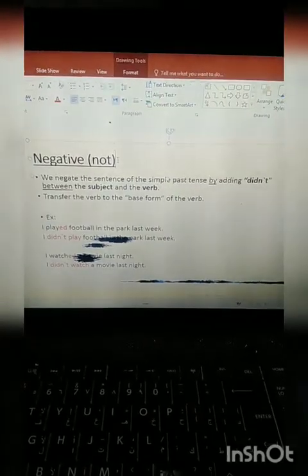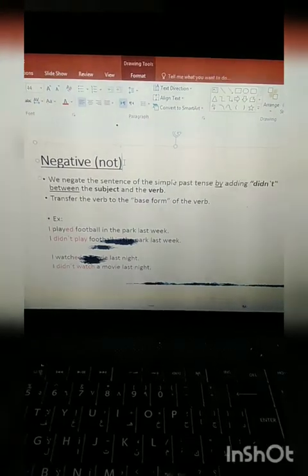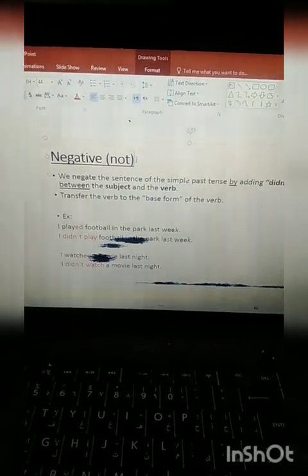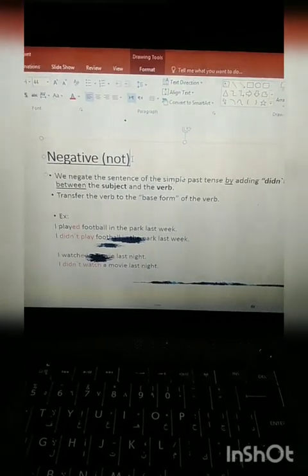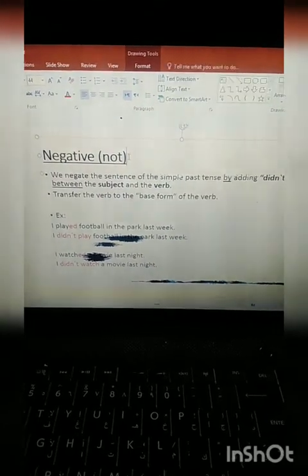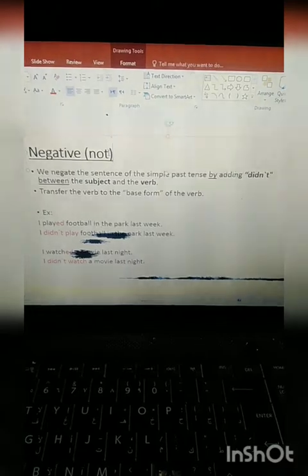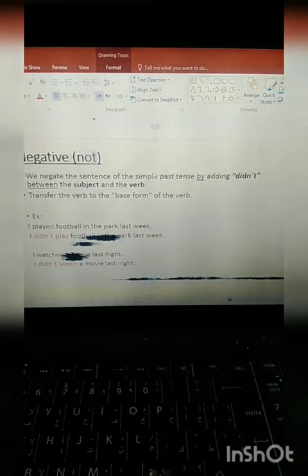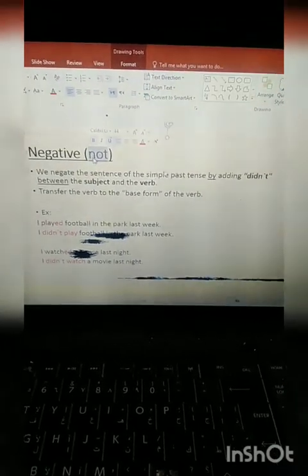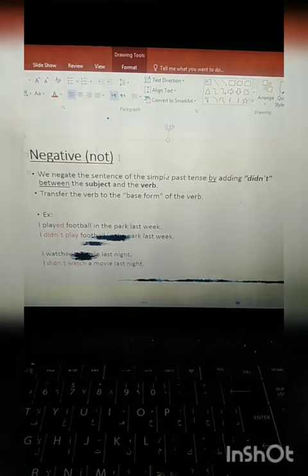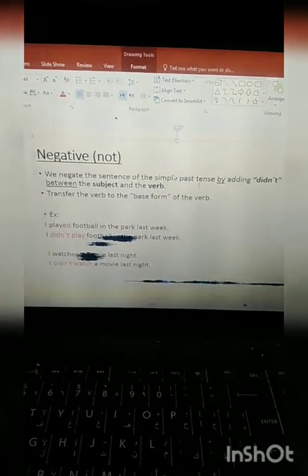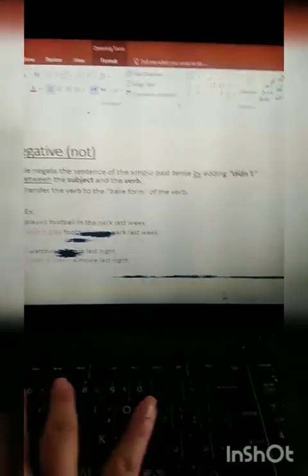In this part, we are going to learn how to negate the sentence of the simple past. As usual, we negate any sentence in English by using not. But how is that in the simple past tense? We use the helping verb did.